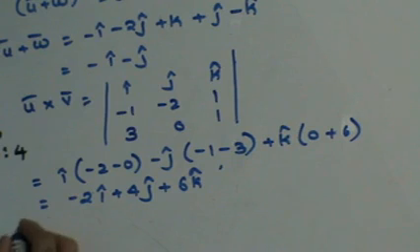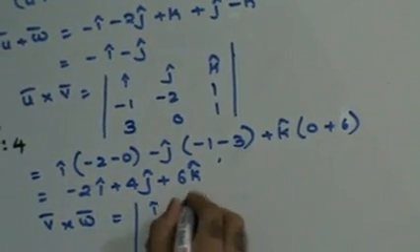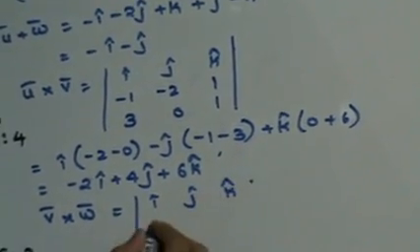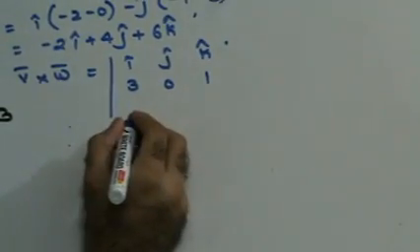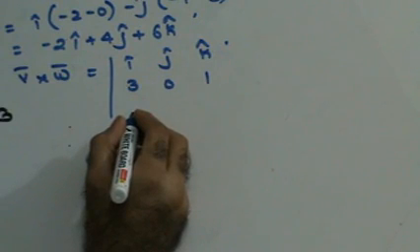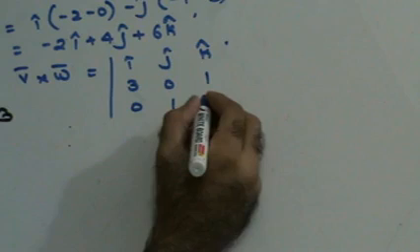Now next you have to find out v vector cross w vector, cross product i j k. V vector is 3, 0, 1 and w vector is 0, 1, minus 1, right?